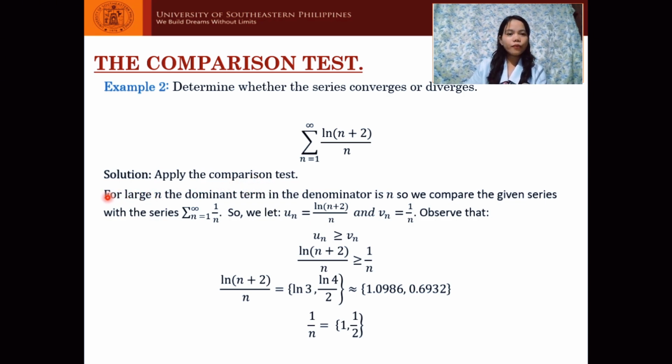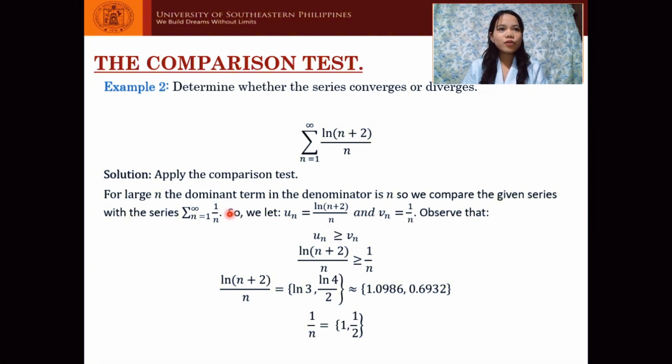So we have to find the v sub n. For finding the v sub n, we have to determine the dominant term in the denominator. As you can see here, we have n. So we should compare it to the given series, and our series v sub n would be equal to the summation of 1 over n ranges from 1 to positive infinity. Now we have the u sub n and v sub n.